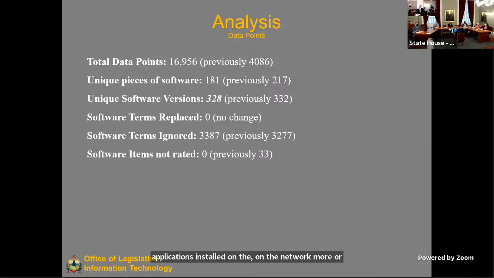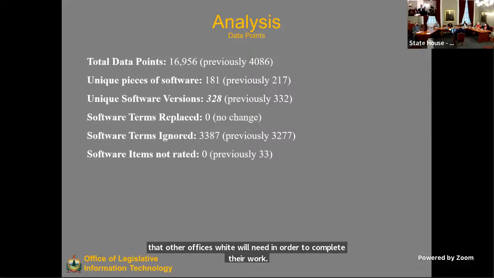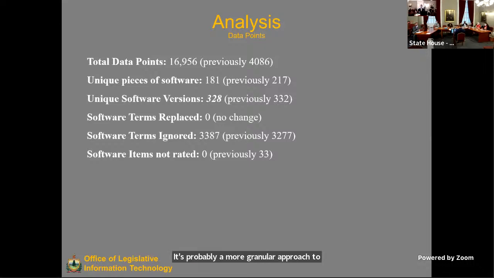We're taking the approach of applications as a software definition, applications on the network. So that's everything that's installed from Microsoft Office all the way through the various applications that other offices will need in order to complete their work. It's probably a more granular approach to this than what we ultimately want. But again, we wanted to err on the side of too much information rather than not enough.